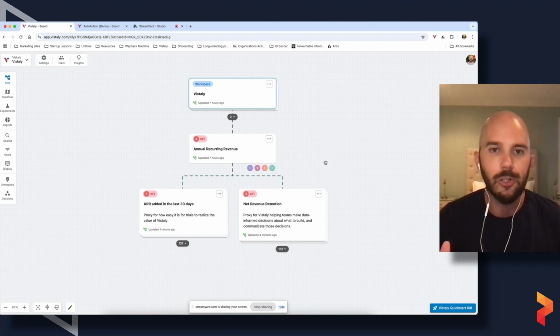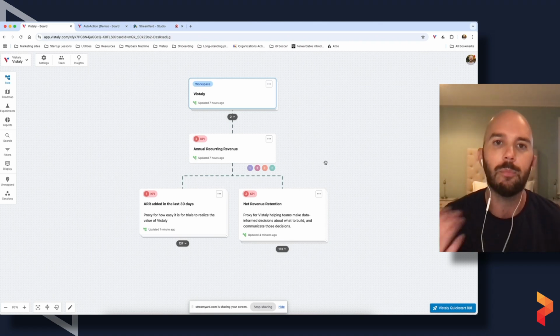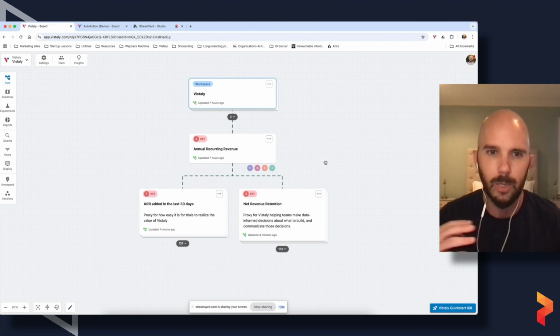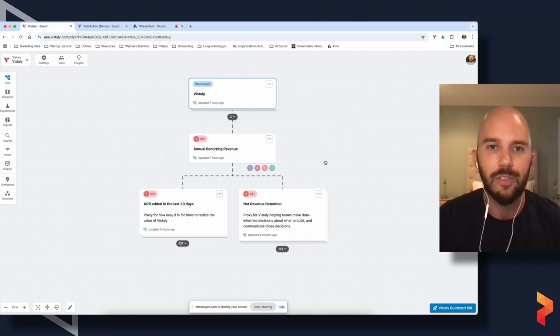But it's more structured in the way that product teams would want to run this process. So it's a little bit of the best of both worlds, right? It's the flexibility of being able to just move around cards and get your thoughts out, but also backed with a database in a way that product teams would want it to be.